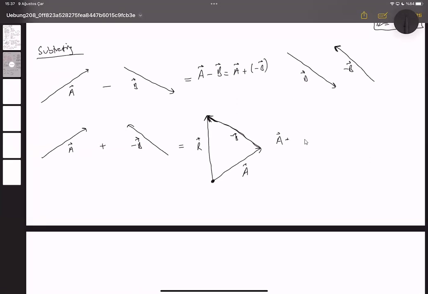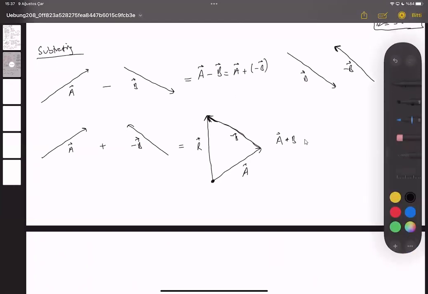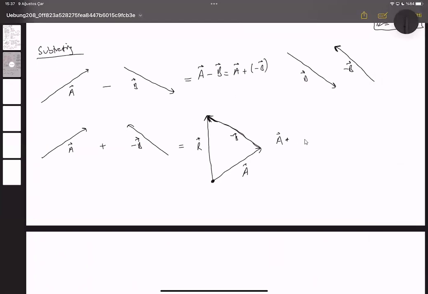You can write it down in your notes like this, or like this, because if you multiply a plus sign by a minus sign, you get a minus sign. These are the same values.